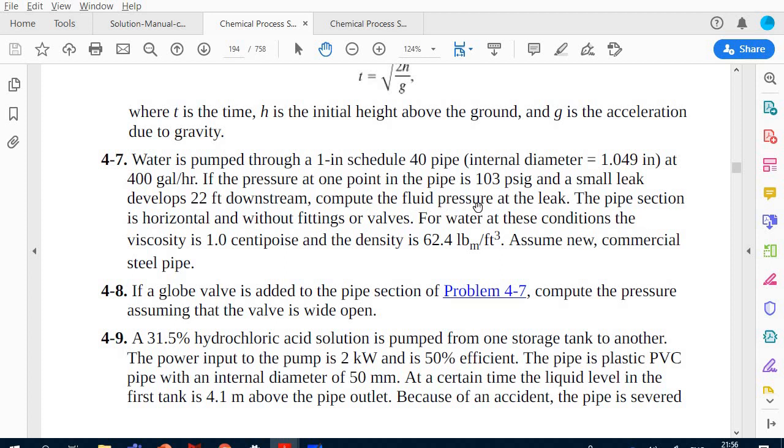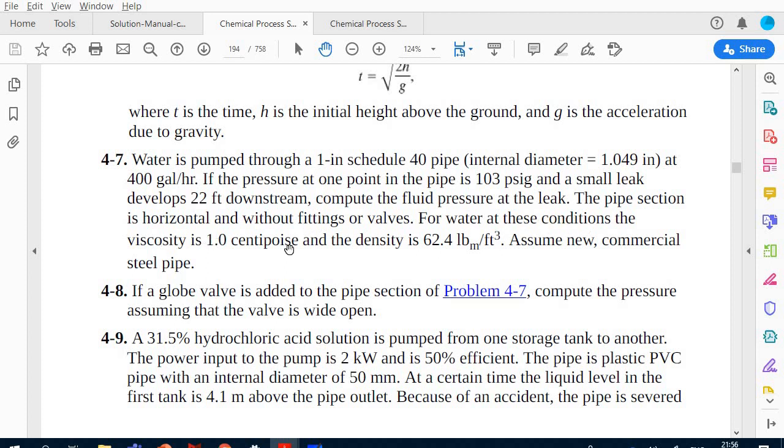So what is the fluid pressure at the leak? The pipe section is horizontal without fittings or valves, so we will not calculate any K friction factors for fittings or valves. It is horizontal, so delta Z is equal to 0. There's no shaft work here.